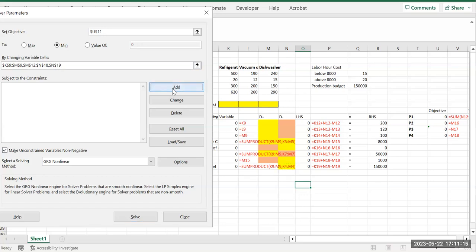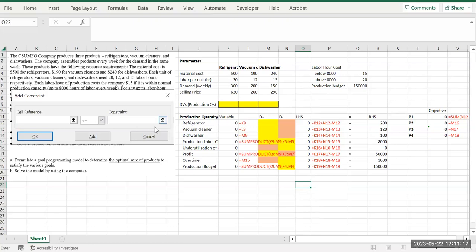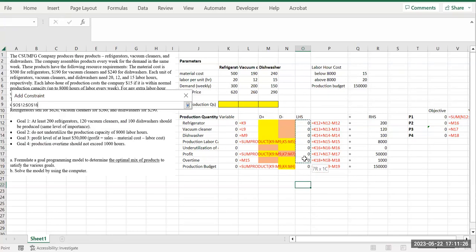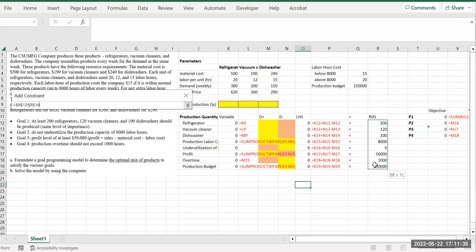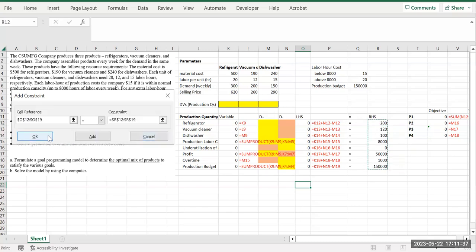And then the constraints. Since we defined it in the format of goal constraints, all we need to do is put all the goal constraints' LHS equal to the goals' RHS.